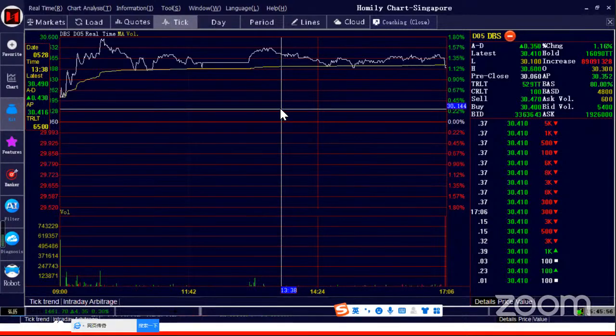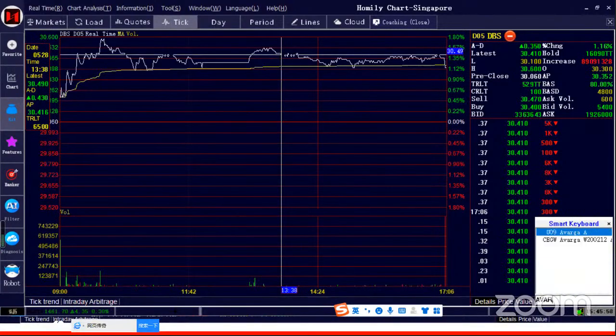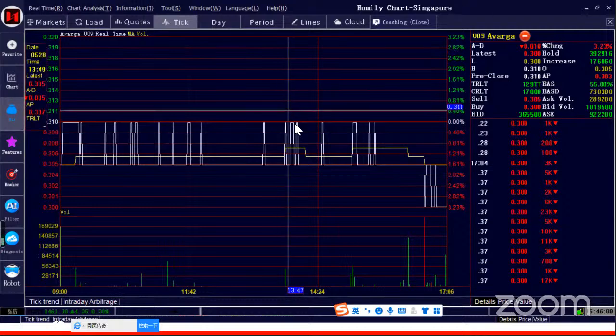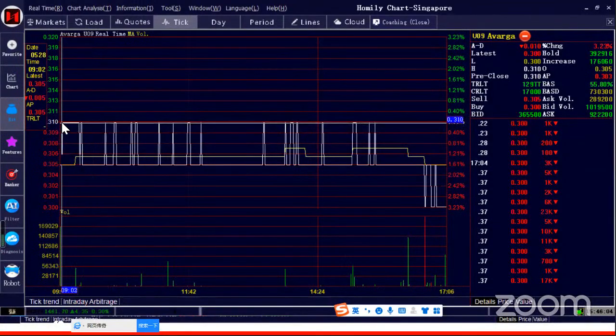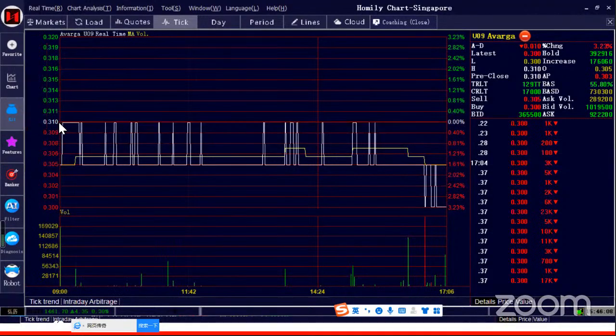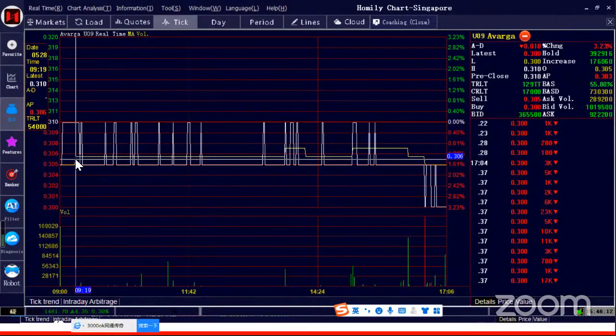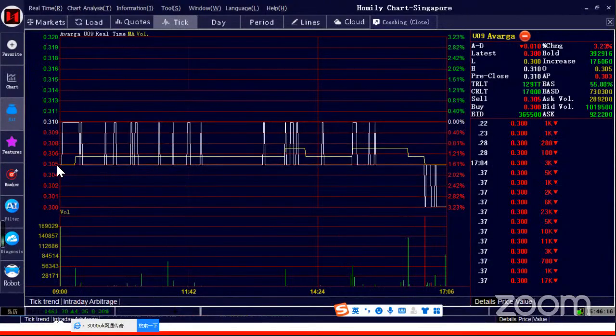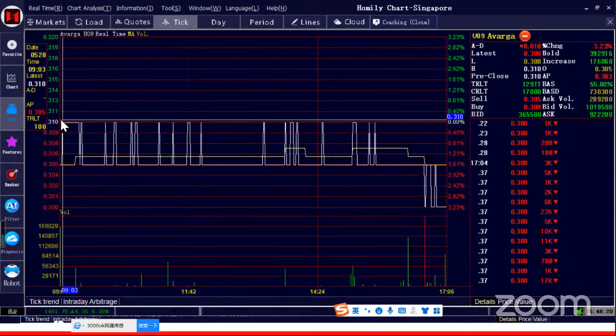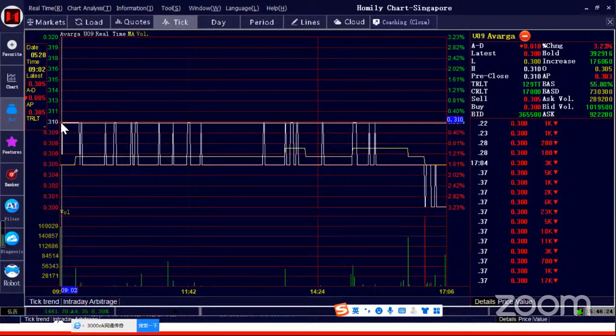Let's say, for example, we look at another bearish stock like this one. The day before, it closed at the middle line, 0.31. Overall, the stock opened low at 0.305, so it was below the last closing price.